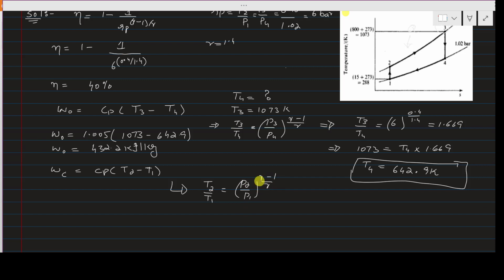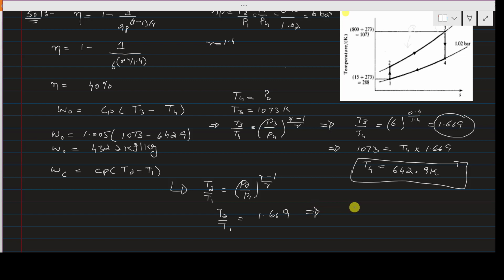By putting in the values of P2, P1 and gamma minus 1 divided by gamma, you will get this value. I already wrote those details, so I am directly writing its value. T2 divided by T1 is equal to 1.669.